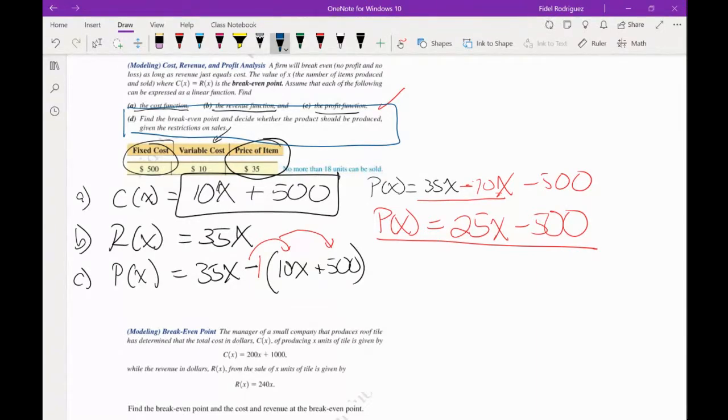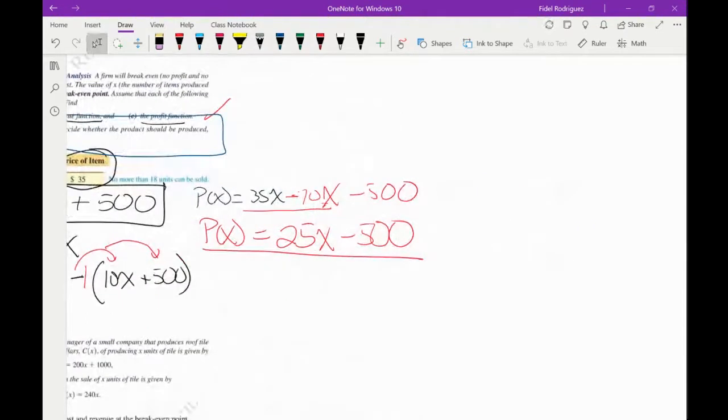So my profit would be a positive number, right? If I lost money, that meant I made so many headphones, but I didn't sell enough, and so I actually lost money. Break even means I didn't make any money, I didn't lose any money, I ended up with exactly what I started off with, which was 0. So that tells me that my profit is going to be equal to 0.